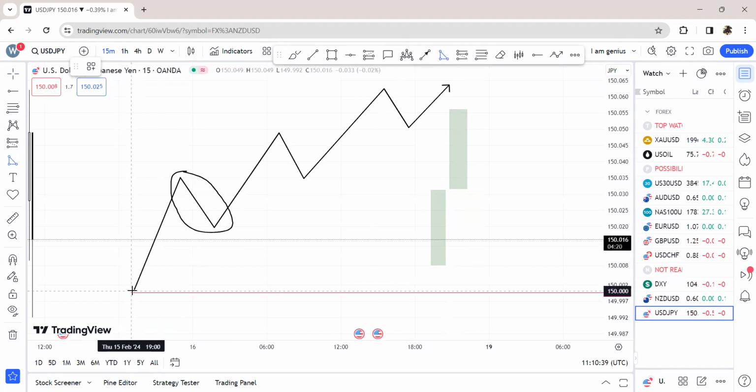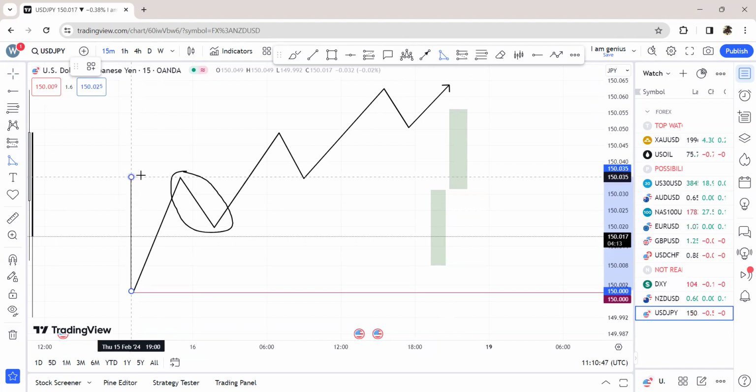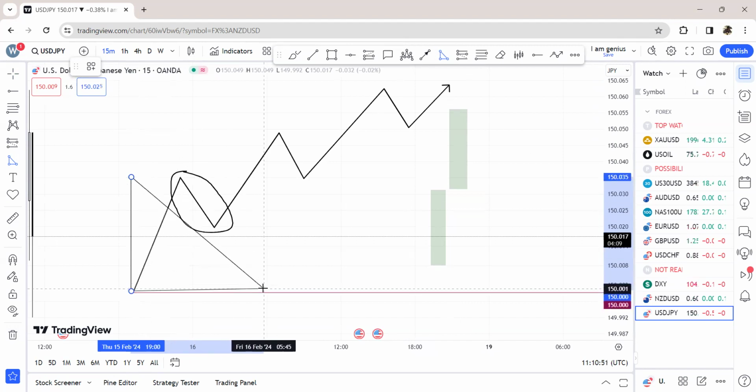I can start from here; this has to be straight, and ensure that that is straight as well.